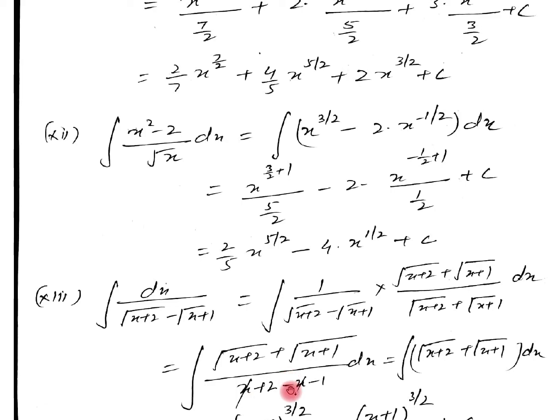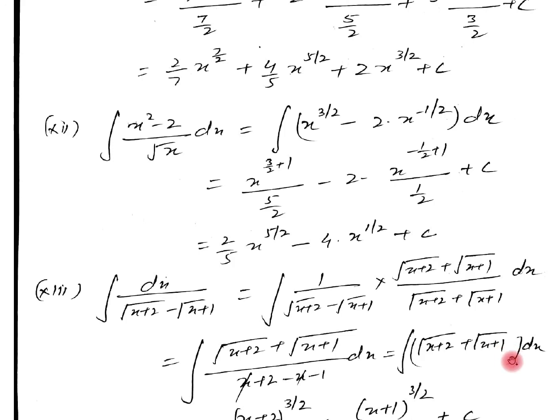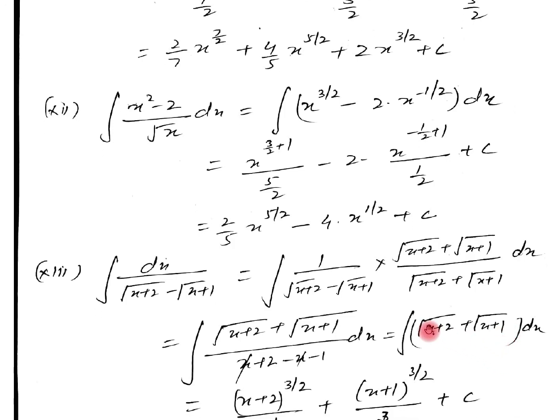Then this term will be cancelled out. We are left with 2 minus 1, which is 1. So therefore we are left with the integral of under root x plus 2 plus under root x plus 1 dx. Again we can separate them and integrate here.